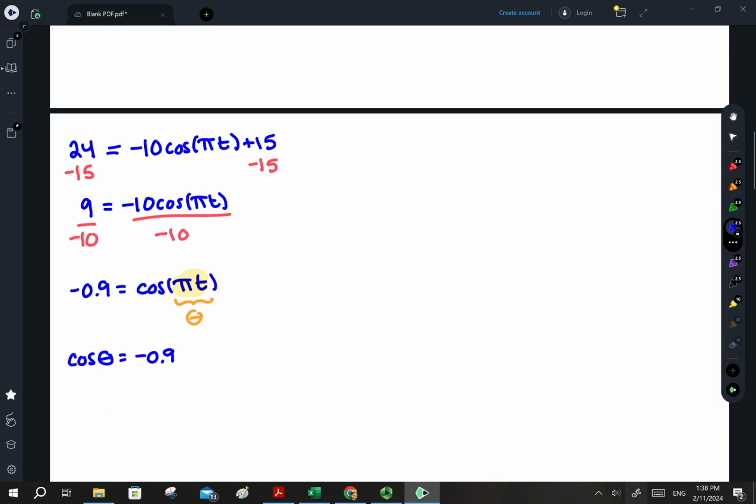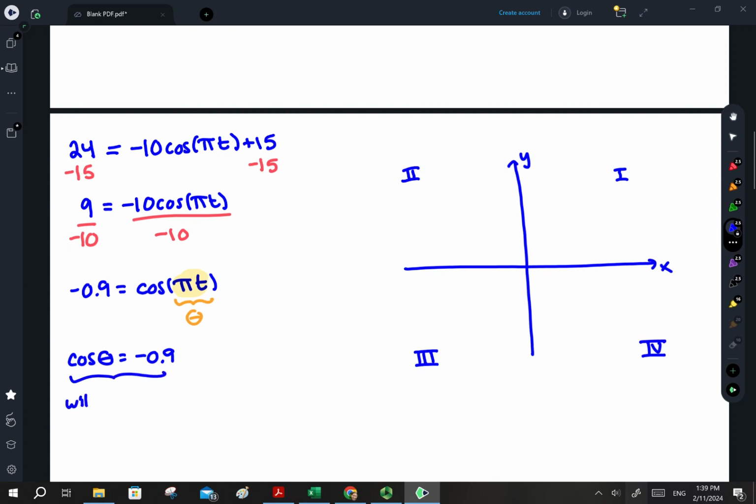Now, ignoring the context of the problem for a little bit, if I was just looking to solve cosine of theta equals negative 0.9, I want to think about where those solutions will be located. So if I'm looking for the solutions between 0 and 2 pi, this equation will have two solutions on the interval 0 to 2 pi.